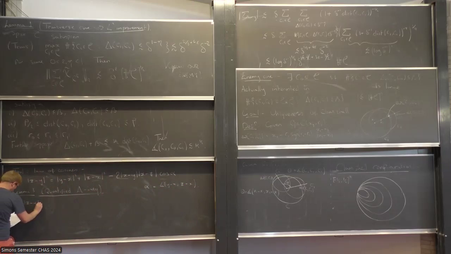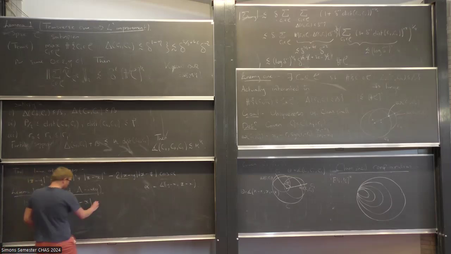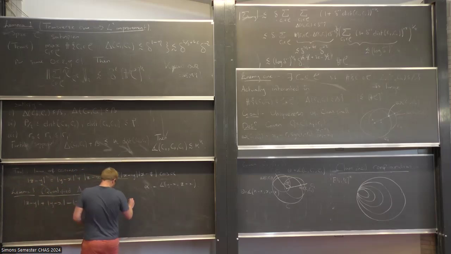If we look at the distance between z and y, plus the distance between y and x, minus the distance between z and x. Now, by the triangle inequality, this is always non-negative. But we're going to do a quantified improvement over this. So it's always bounded by the distance between y and x times alpha squared, where alpha is that angle we've seen before.